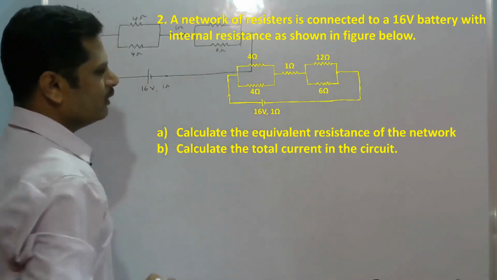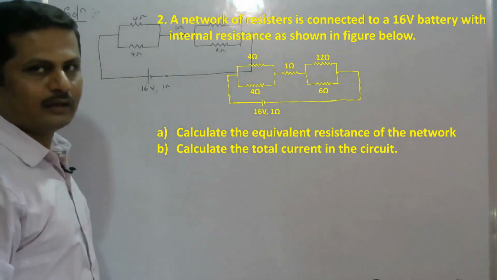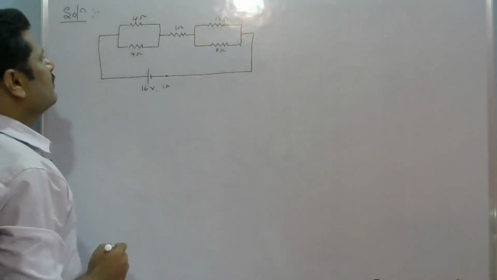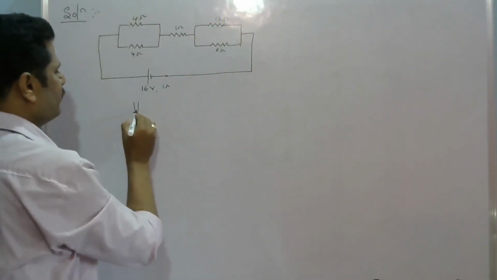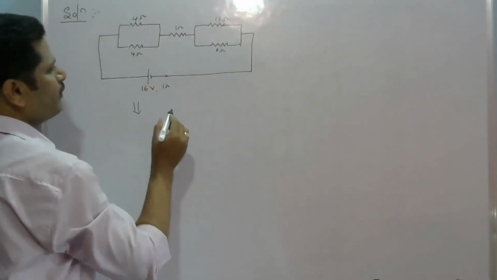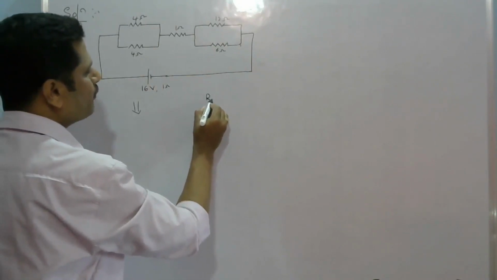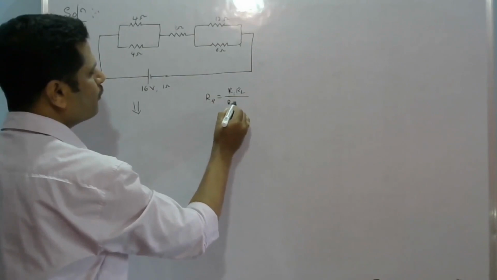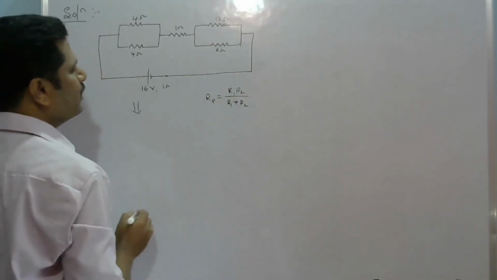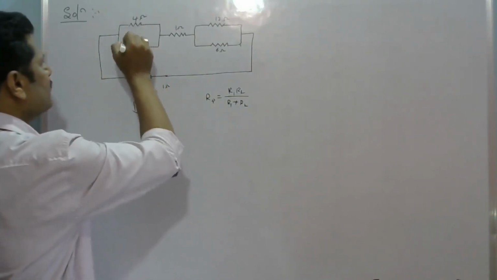What is our aim? Our aim is to find the net or equivalent resistance. So let me simplify this network. Whenever two resistors are connected in parallel, we can use the formula Rp equals R1 R2 divided by R1 plus R2 to get the equivalent resistance. Here two resistors are connected in parallel.